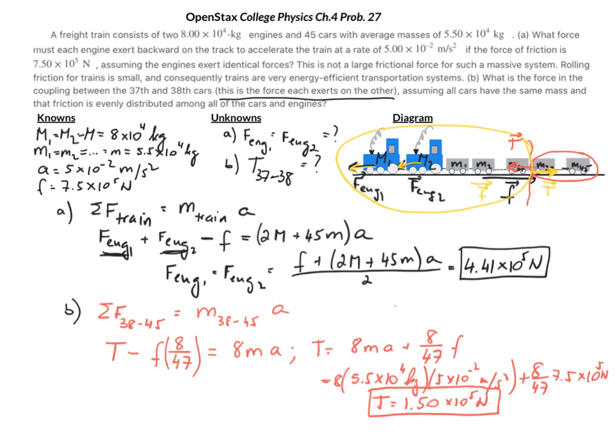They retard that 37th car. So we could have looked at it from the other point of view, from the first set of cars rather than looking at the last set of cars. We would have gotten the same answer. I just chose the shortest, easiest solution for this problem.